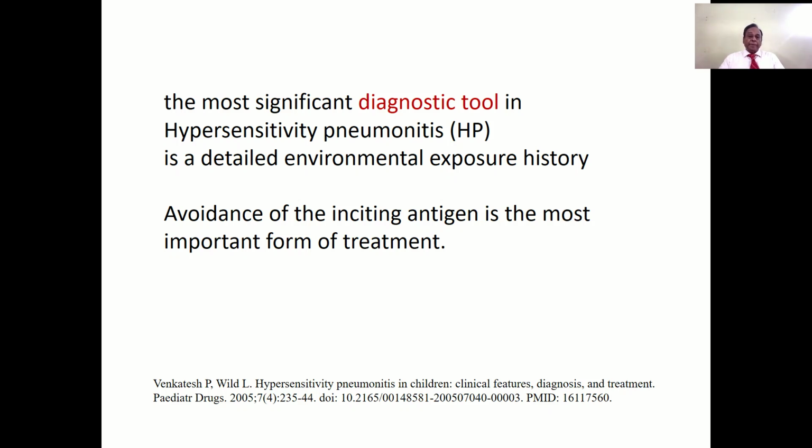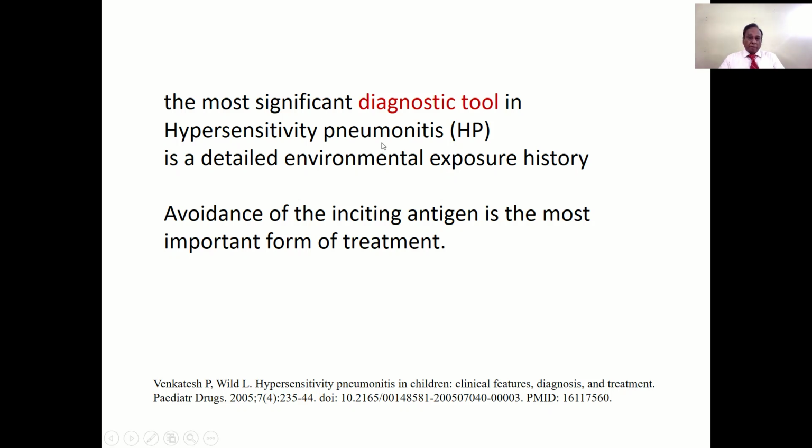Sometimes the child may get exposed to parakeets or pigeons, or may be living very near a factory where they make a lot of chemicals. All these things are very important. In older or adult patients, you can ask about pneumoconiosis. What is their occupation? Are they closely working with asbestos or silica, or in a coal mine?